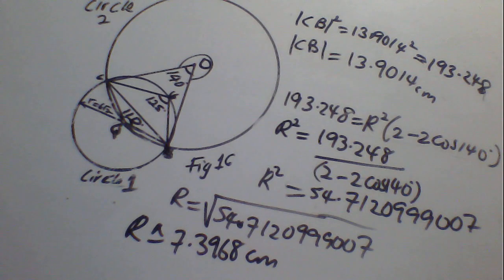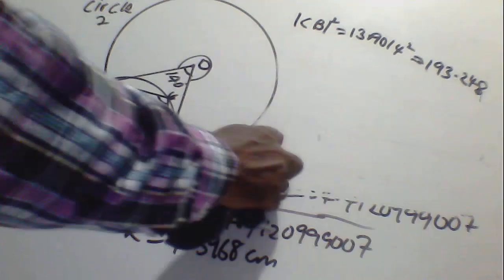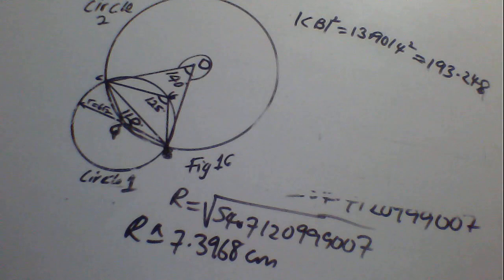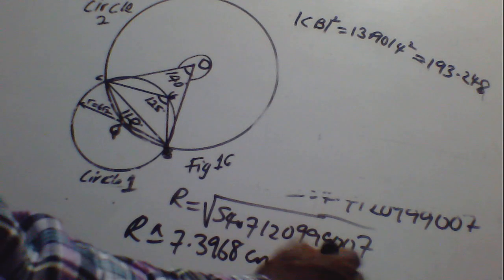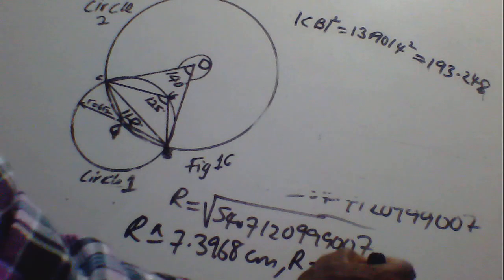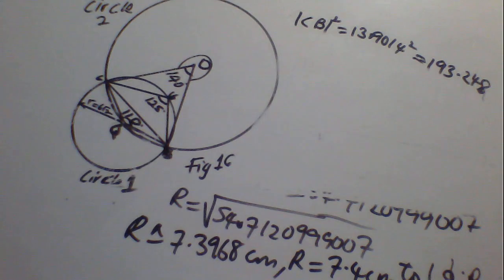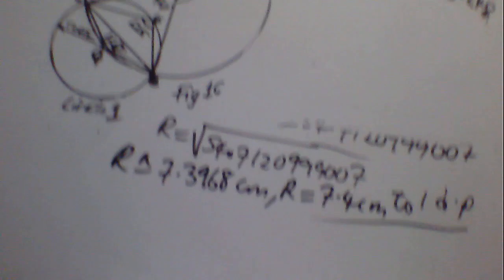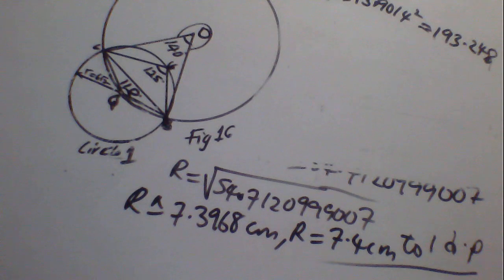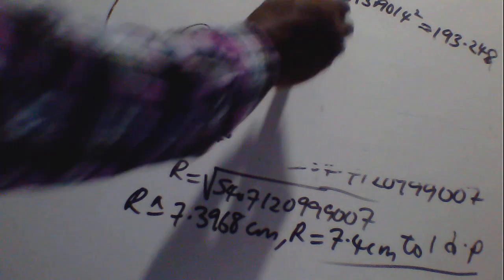You're asked to leave your answer to one decimal place. In that case, our R will be equal to 7.4 cm to one decimal place.